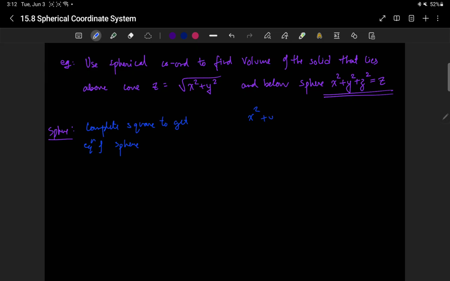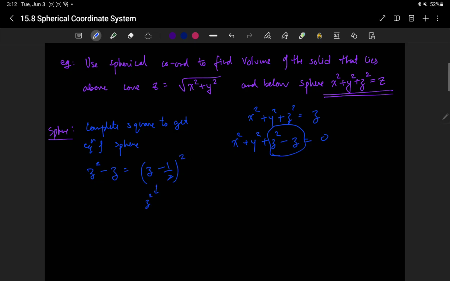x squared plus y squared plus z squared equals z is not a sphere equation that we are directly familiar with, but we can do the following. Complete the square for z. So I can write z squared minus z as z minus 1/2 squared.